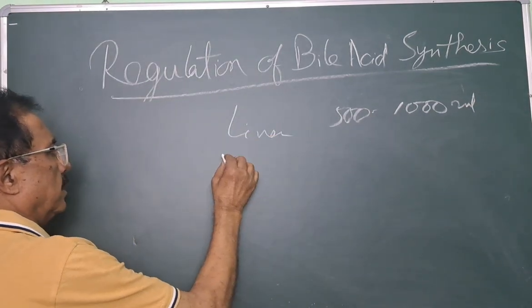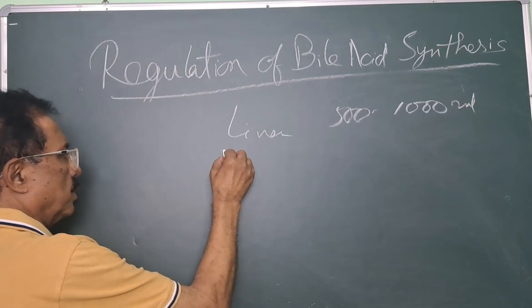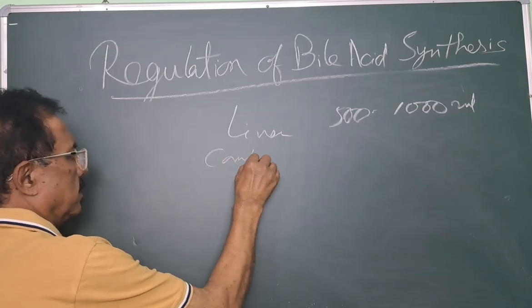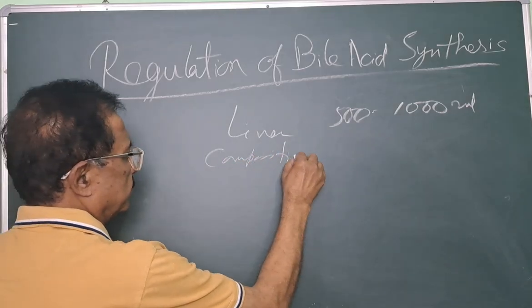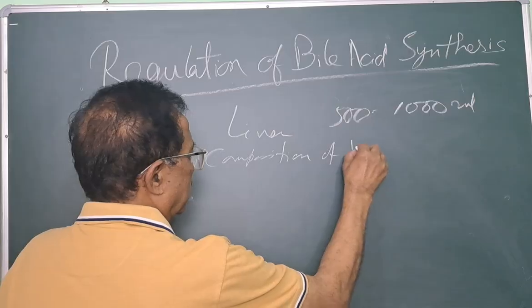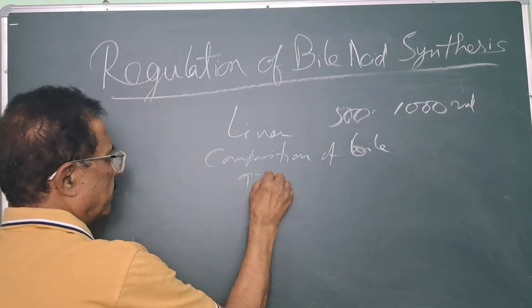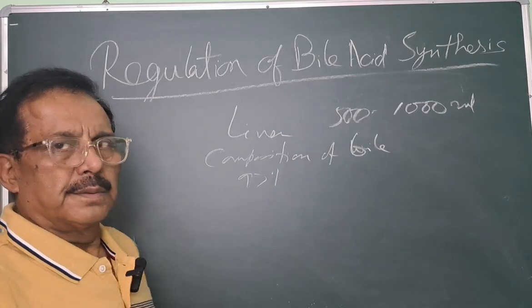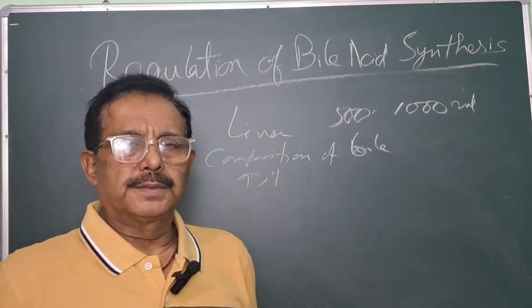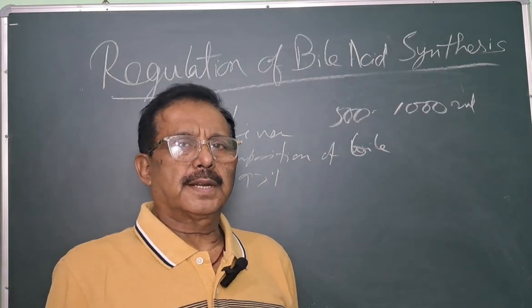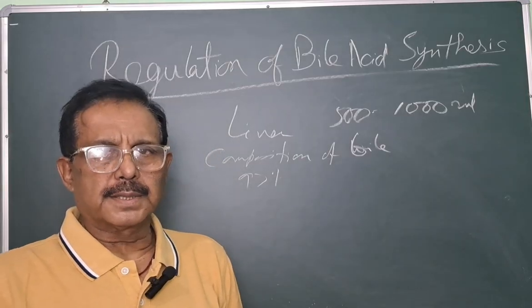This bile consists of the following composition. 97% is water and 3% solids. In the solids, organic substances and inorganic substances are present.